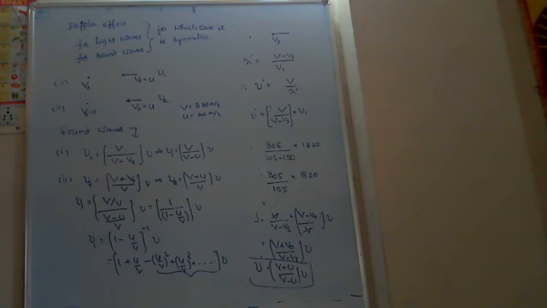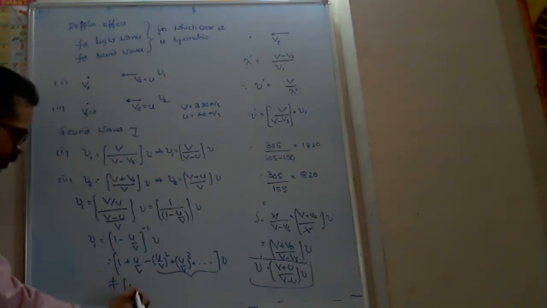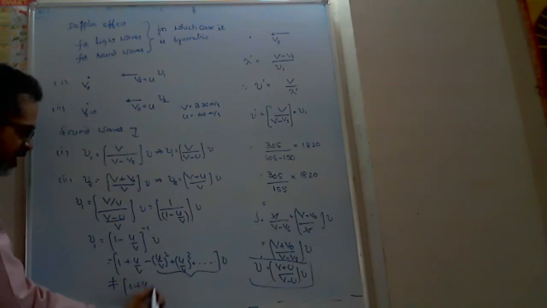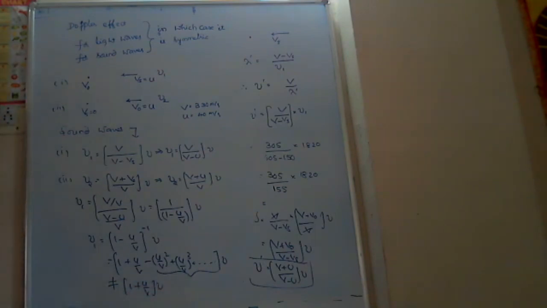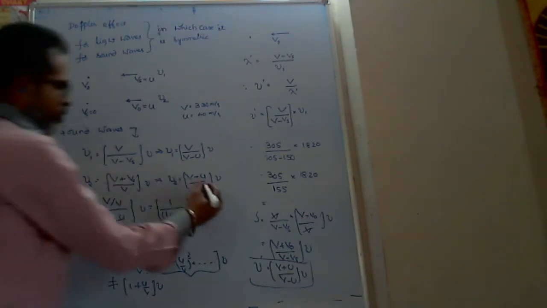So it does not appear as 1 plus U by V into nu. Not equal to, why? Because I am not able to neglect the higher order terms, so I can't write it as (1 plus U by V) into nu. Now look at nu2.